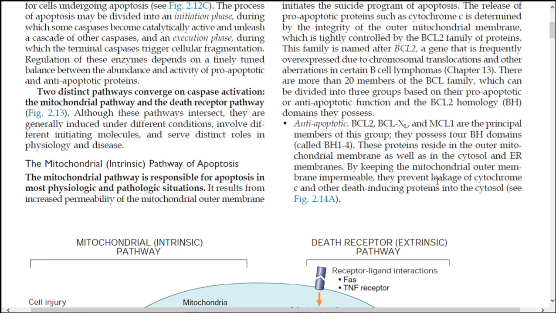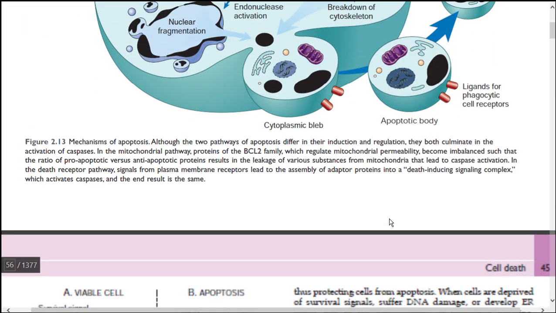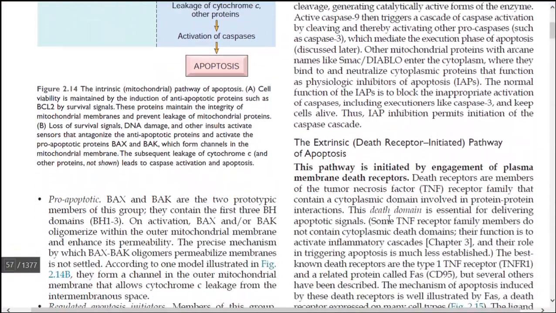These proteins are found in the outer mitochondrial membrane, in the cytosol, or in endoplasmic reticulum membranes. The function of these anti-apoptotic proteins is to prevent the leakage of cytochrome C and other death-inducing proteins into the cytosol. They keep the mitochondrial outer membrane impermeable. The next class is pro-apoptotic.